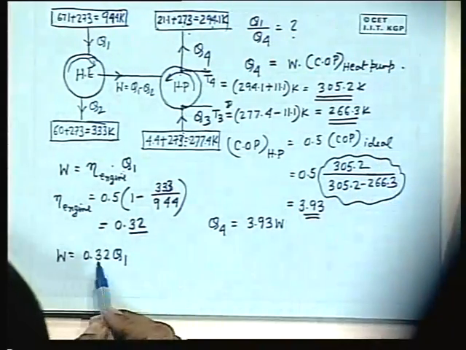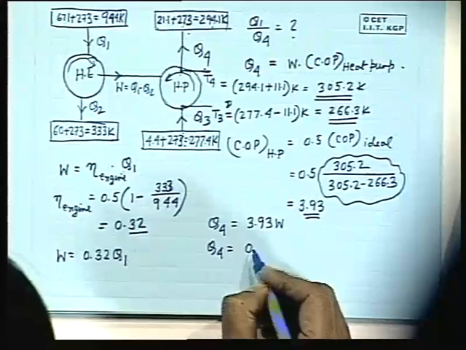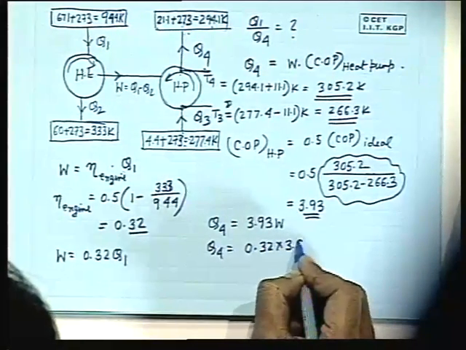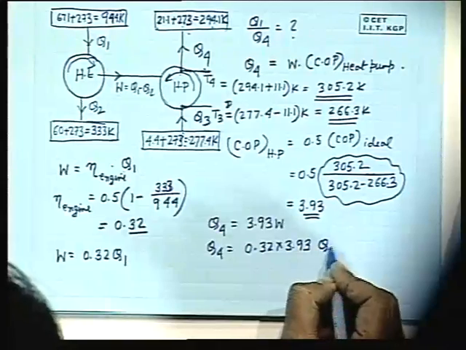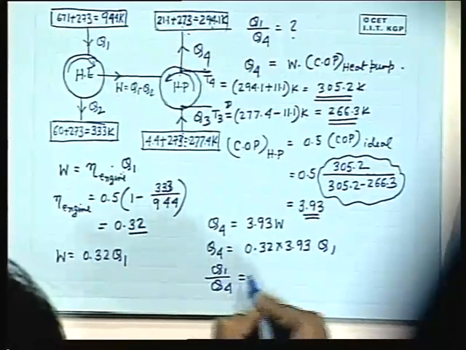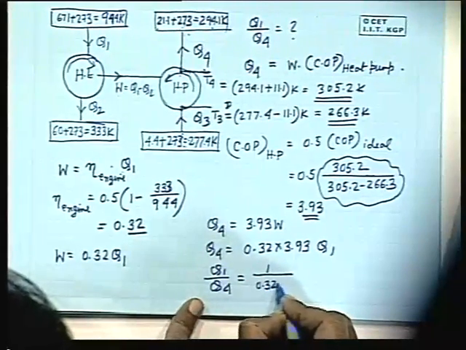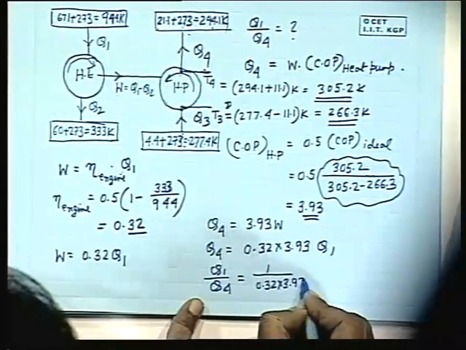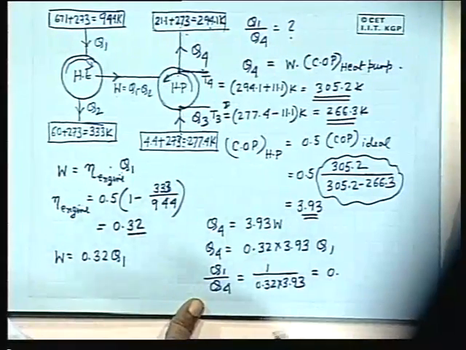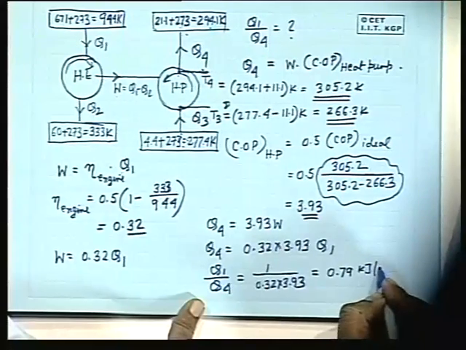Now again W is 0.32 Q1, so Q4 is equal to 0.32 into 3.93 Q1, which gives Q1 by Q4 is 1 by (0.32 into 3.93), which equals 0.79. This is the answer, 0.79 kilojoule per kilojoule.